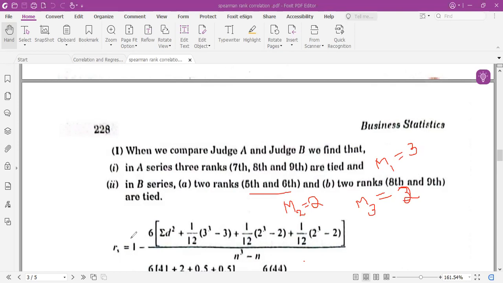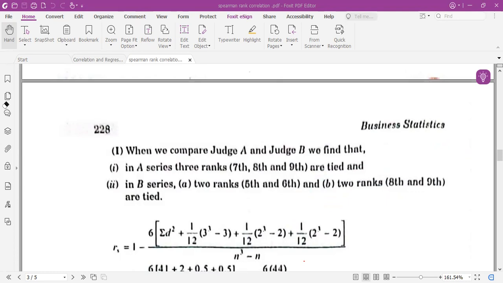Now here we have the formula. When you're using this particular formula, you have to be very careful. You have to ensure that this particular M factor is taken into the formula.